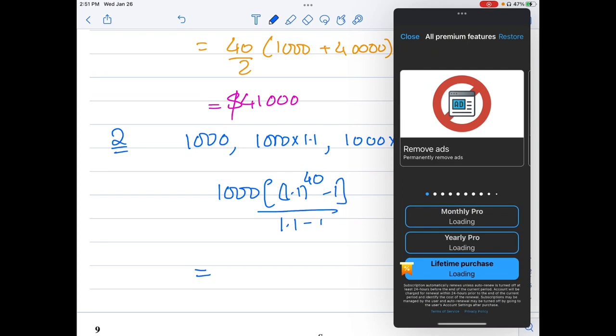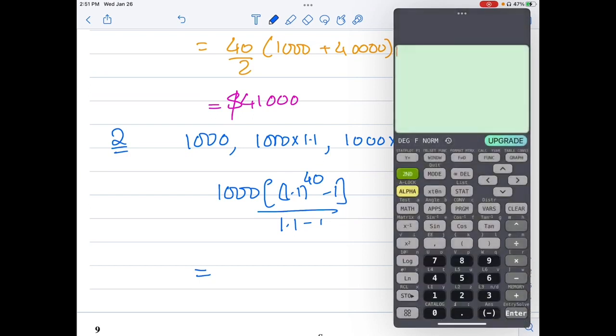So let me use the calculator. 1000 times 1.1 to the power of 40, so I will be taking 1.1 to the power of 40, then minus 1, I close the bracket, and divided by 1.1 minus 1, which is nothing but 0.1.